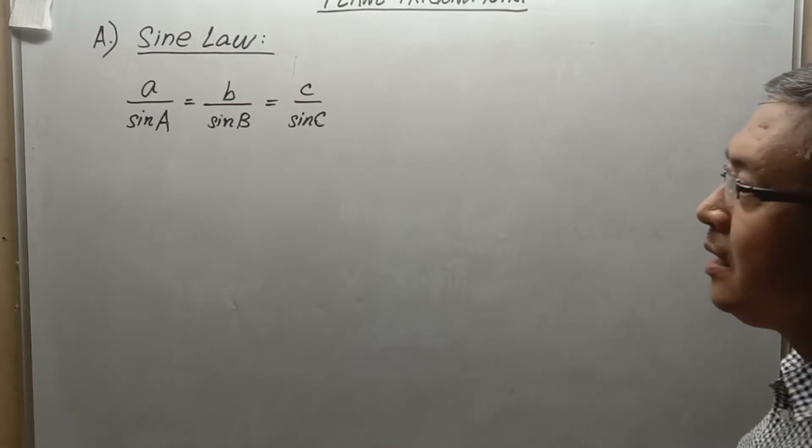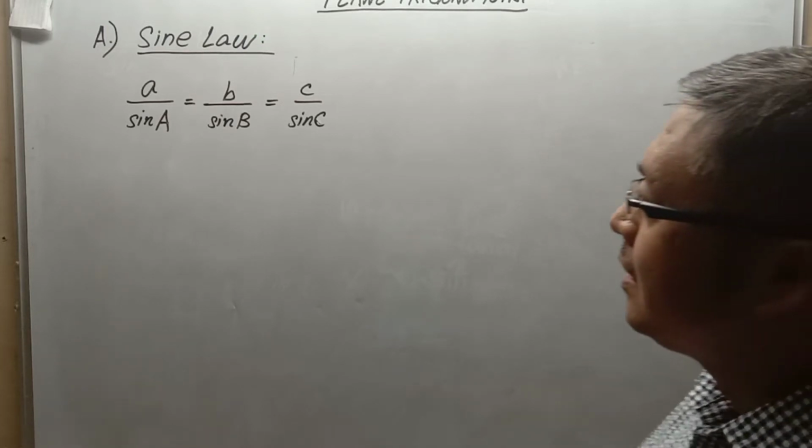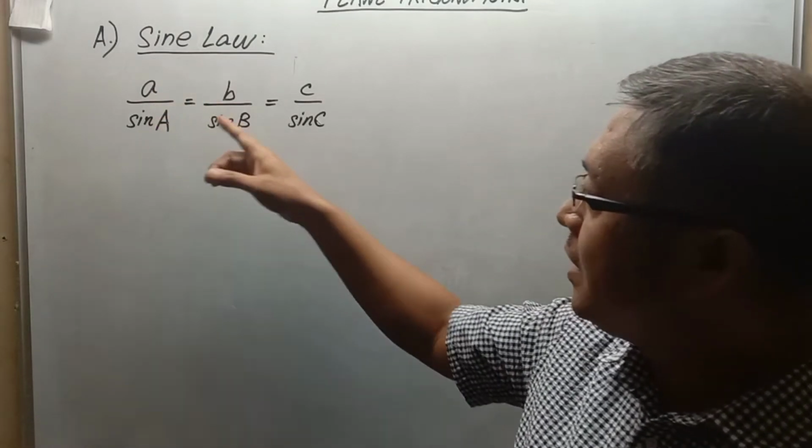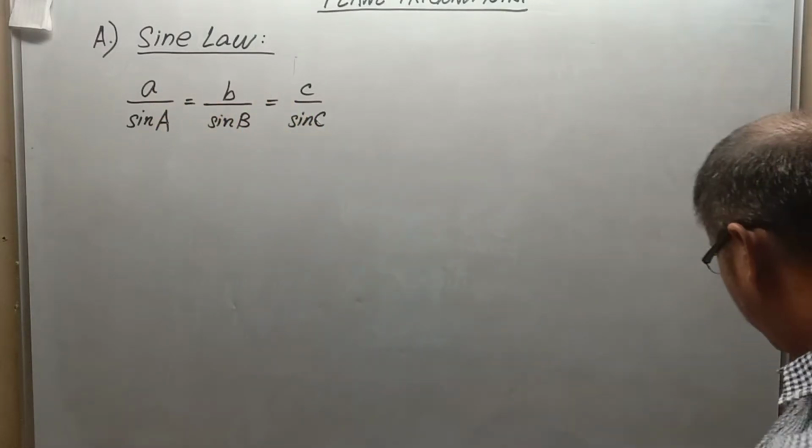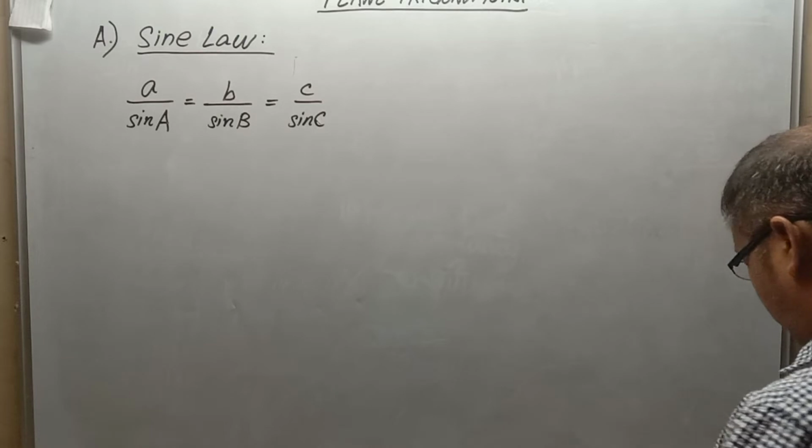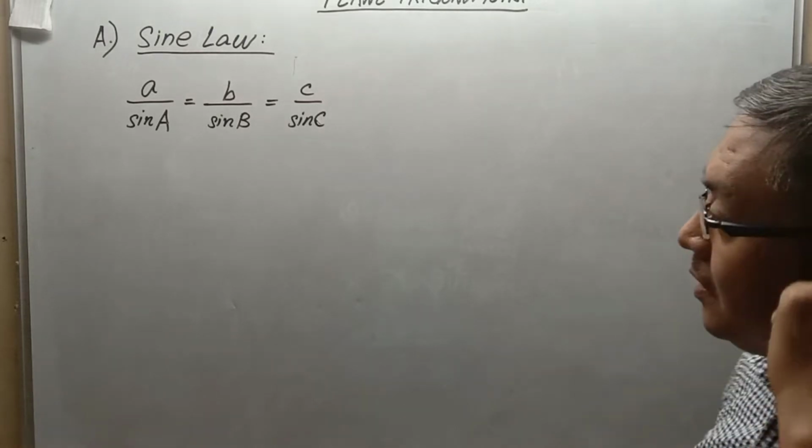So they are proportional. A over sine A is proportional to B over sine B. So that's the meaning of sine law.